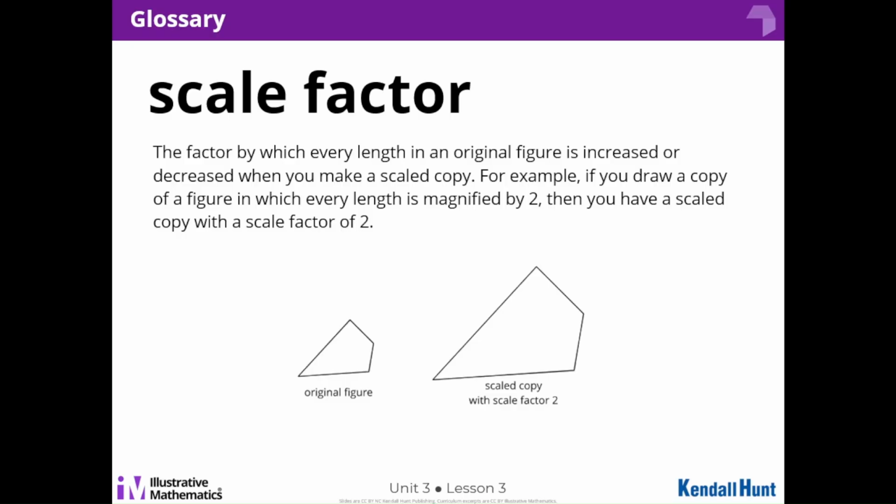So if you look at the bottom, on the left, the smaller one is the original figure. They have multiplied the length of every line in the original figure by 2, and that has created the scaled copy on the right, which is now 2 times bigger than the original.